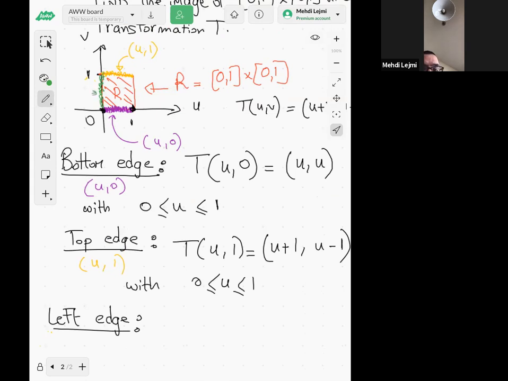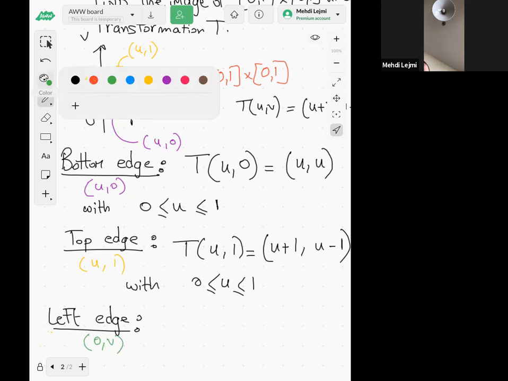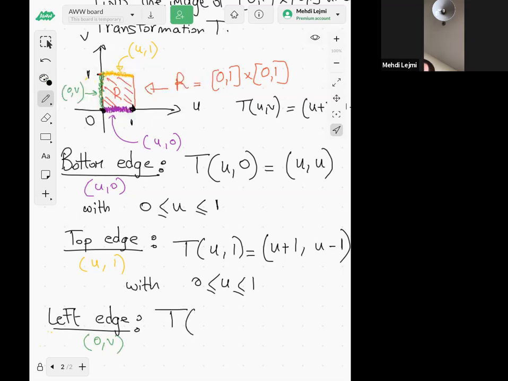This is (0, V) with V between 0 and 1, and so T of (0, V) would be equal to (V, minus V). Just replace U by 0.